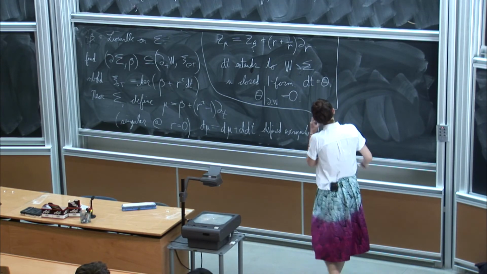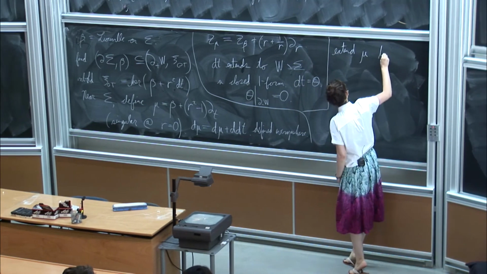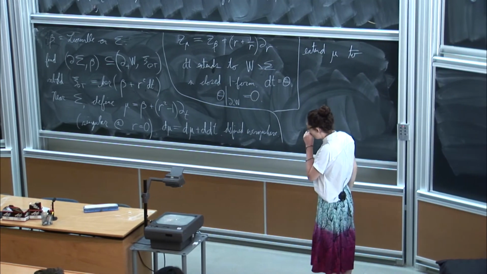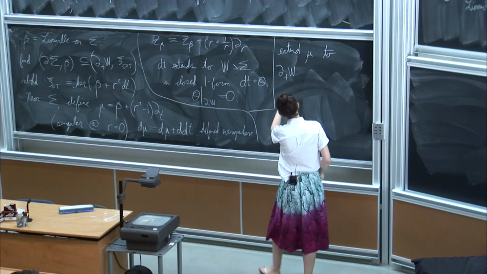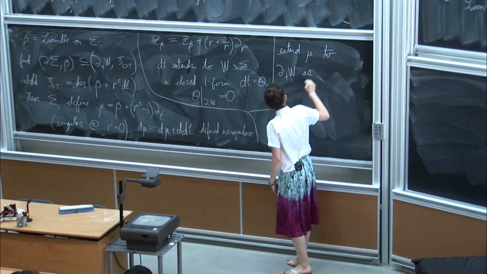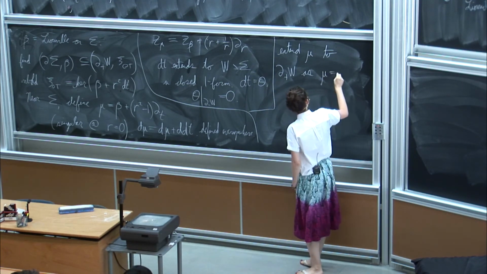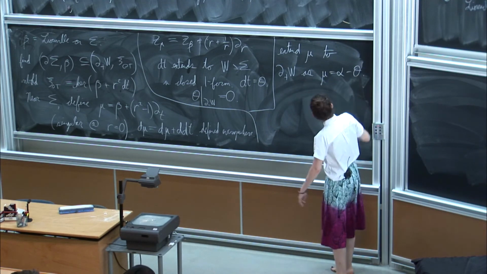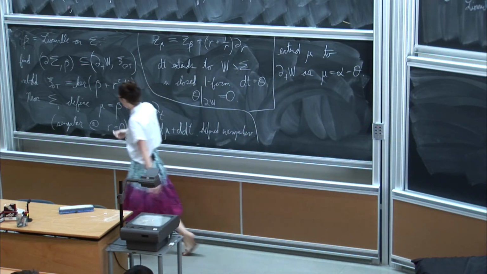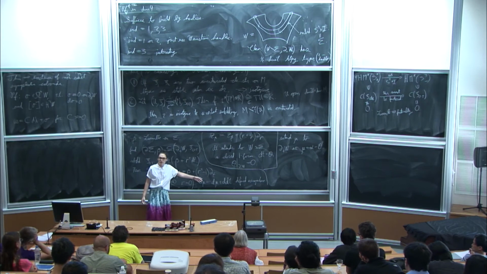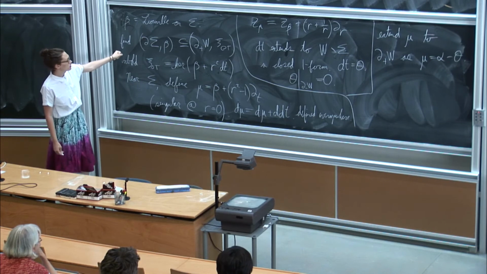All right, so now I can extend mu to a neighborhood of W plus as just mu equals alpha minus theta. And we see that this agrees with the mu defined here. Sorry, I haven't defined alpha.